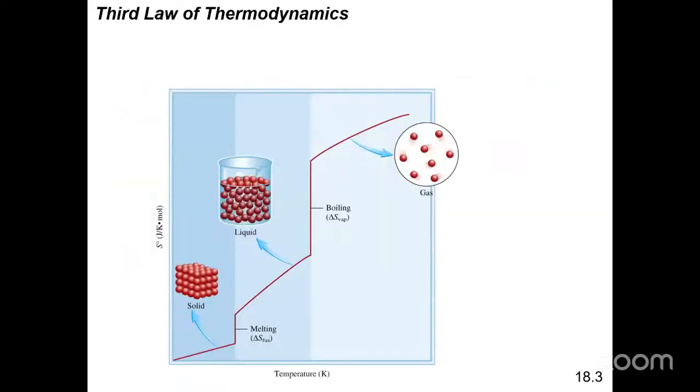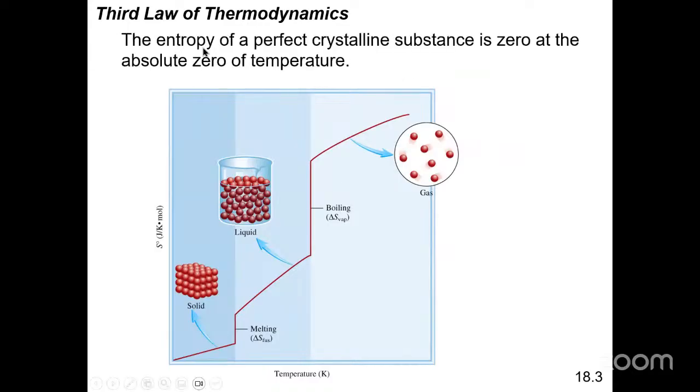Okay, and then let's talk about the third law of thermodynamics, which says the entropy of a perfect crystalline substance is zero at absolute zero of temperature. So basically what this law is saying is that if you're able to cool down anything to 0 Kelvin, then you will have the formation of what is known as a perfect crystalline substance.